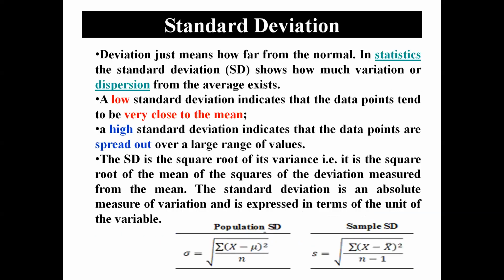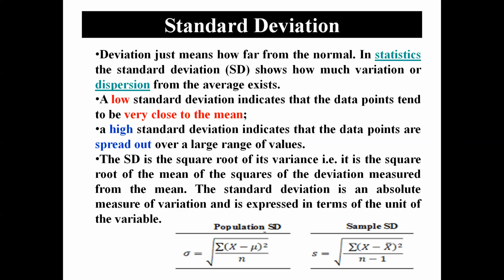Standard deviation. Deviation means just how far from normal. In statistics, the standard deviation shows how much variation or dispersion from the average or mean exists. Suppose there is mean, some value it will fluctuate, deviate, and it is measured in terms of standard deviation.